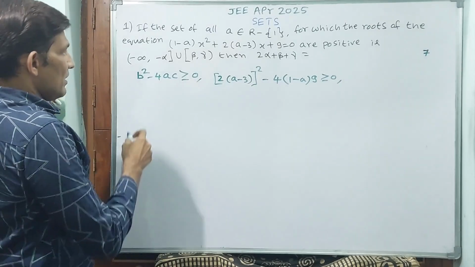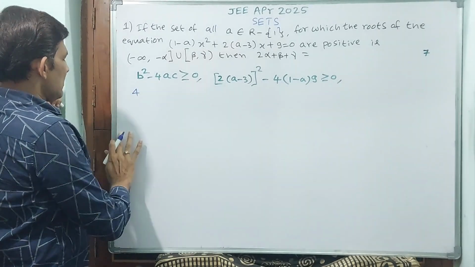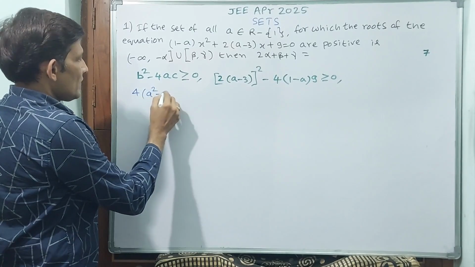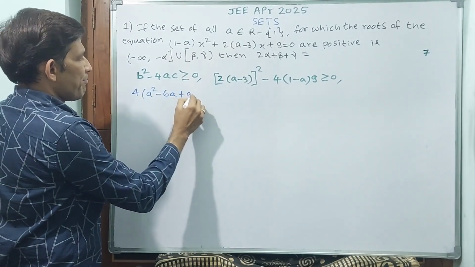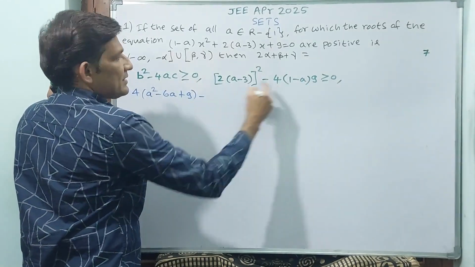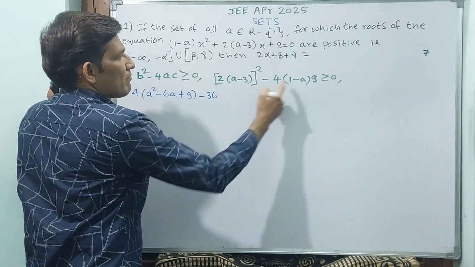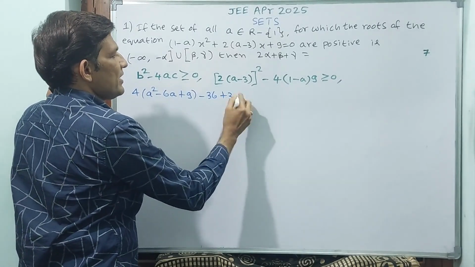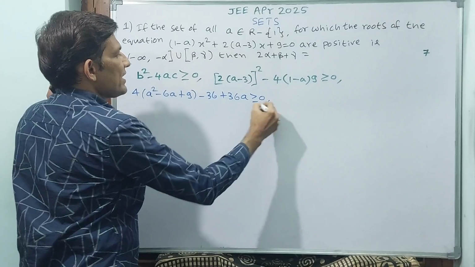Now 2 square means 4 will come: 4(a square minus 6a plus 9) minus 4 into 9, that is 36, plus 36a, should be greater than or equal to 0.